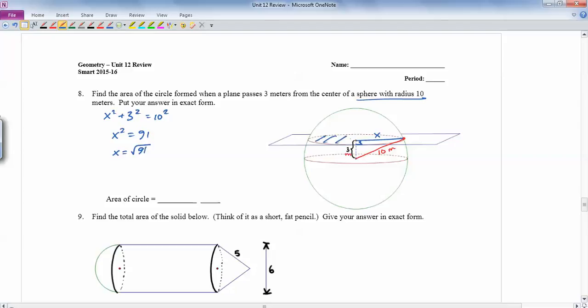Which means the area of the circle that has x as the radius is going to be pi x squared, which is going to be pi times root 91 squared, which is just 91 pi. And then we're working with meters here, so the area is going to be 91 pi meters squared. All right, I hope that helps a little bit.